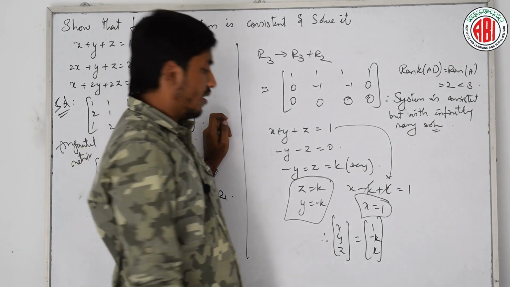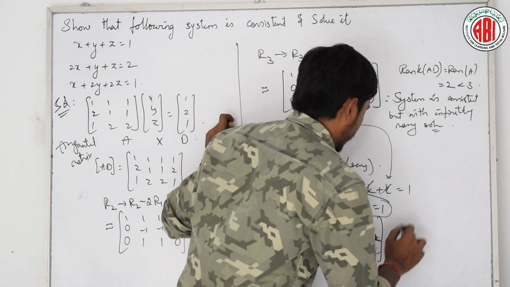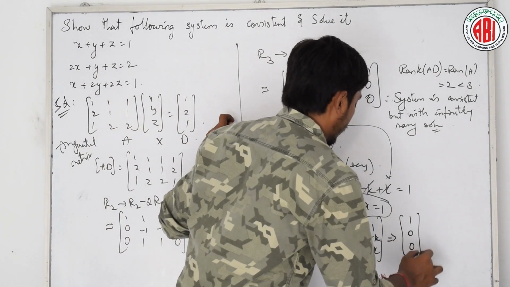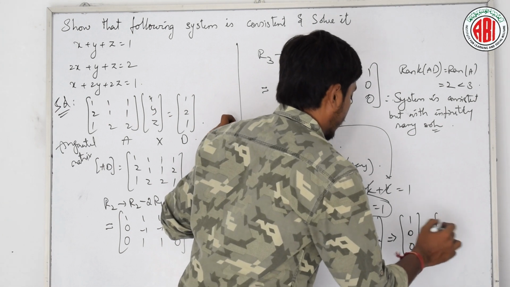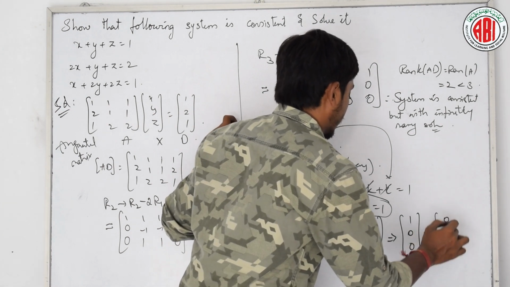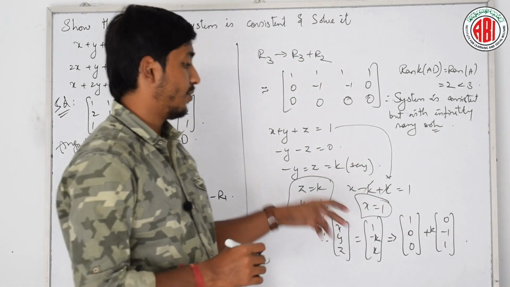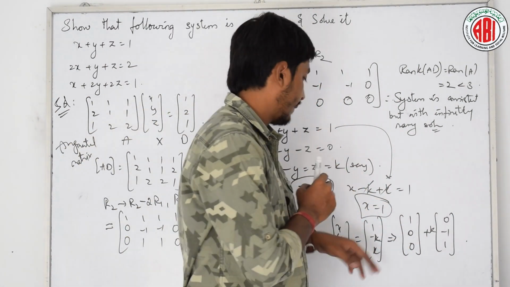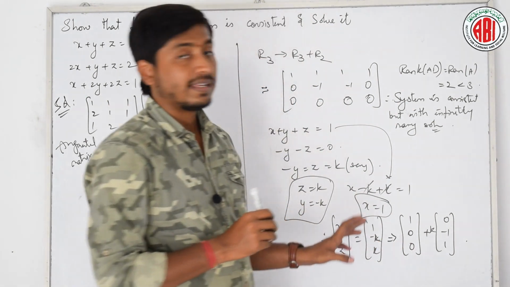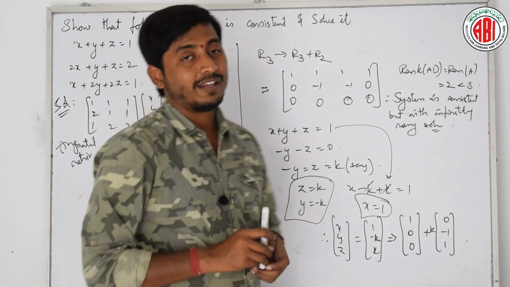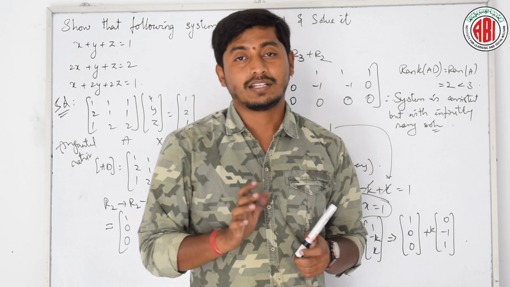Is it clear? Or else some people take 1, 0, 0 plus k as common, 0, minus 1, 1. Like this also we can do in many forms. Is it right? Did you understand? These are all the different techniques to solve.